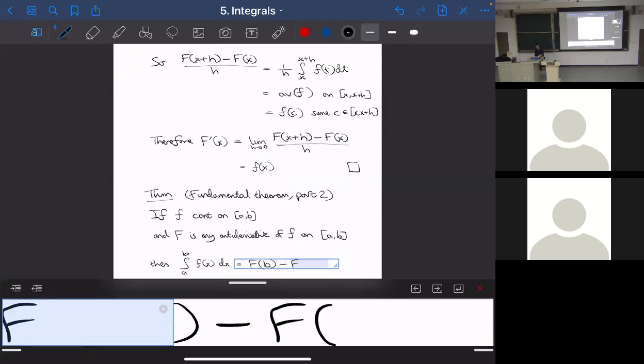It's just the difference of the values of big F at the endpoints of the interval.